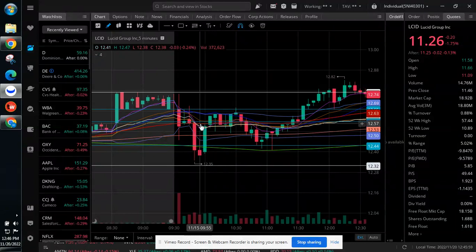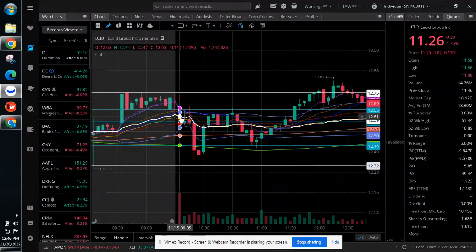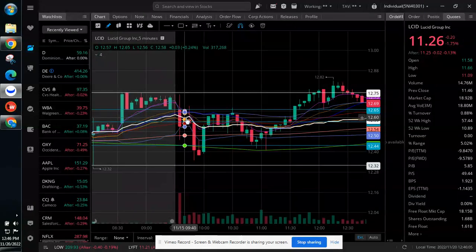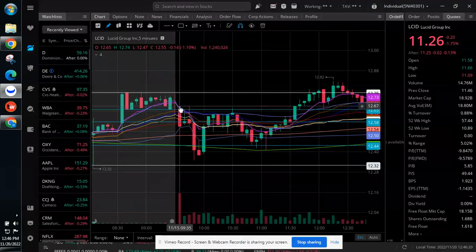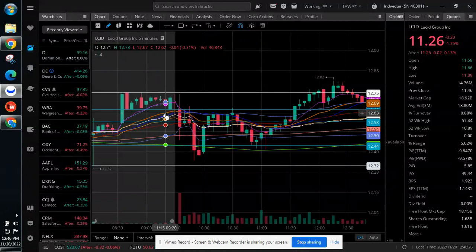What else we got? We got the break of VWAP. VWAP is this white line running through it. So we got a break below VWAP. And we also got our 8 and 21 EMAs crossing, which the 8 EMA is this purple line, and the 21 EMA is this orange line.